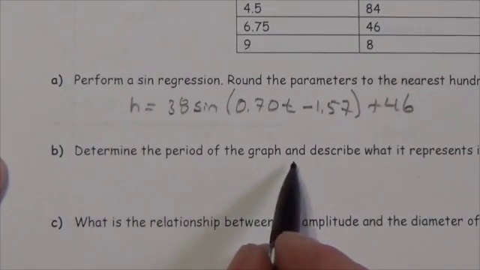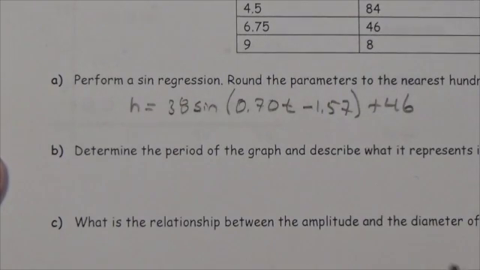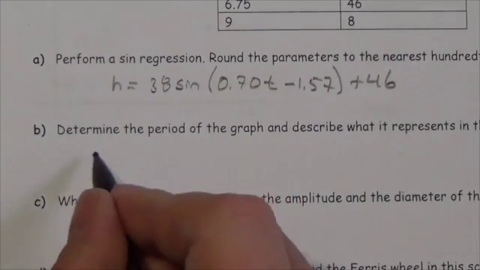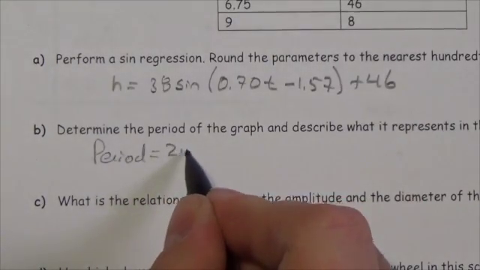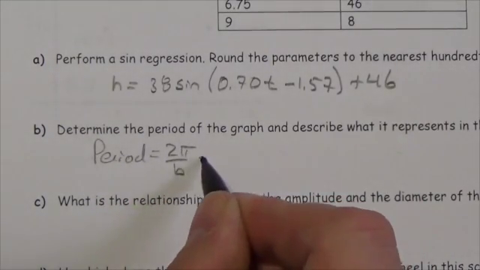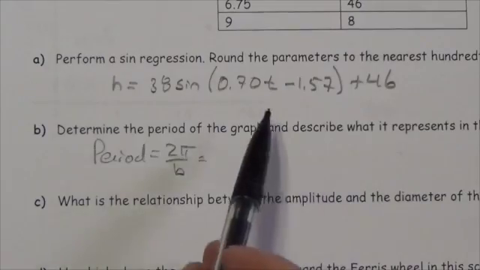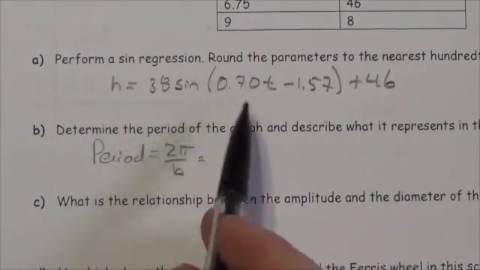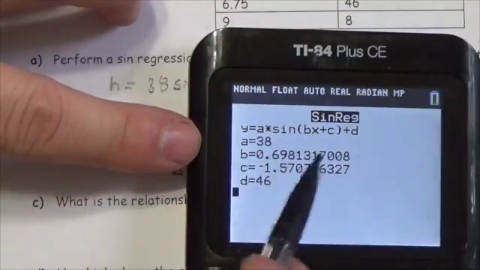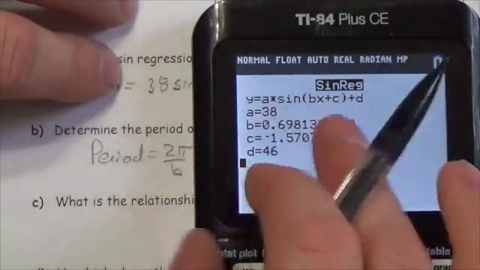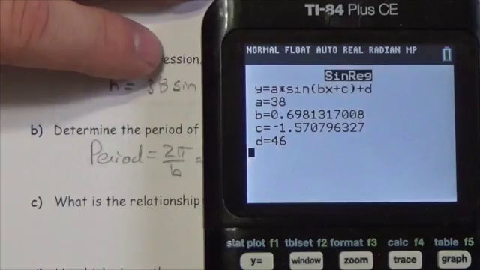So now determine the period of the graph and describe what it represents in this scenario. Okay, well the period, remember, we have a little formula for periods, 2 pi over b, assuming that we're in radian mode. Now, b here in the equation is 0.7, but when the calculator figured it out, it did a little bit more precisely. So I'm going to stick with what the calculator's got. Remember how I do that?